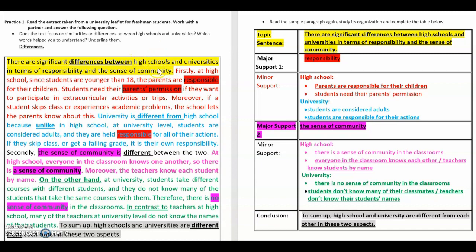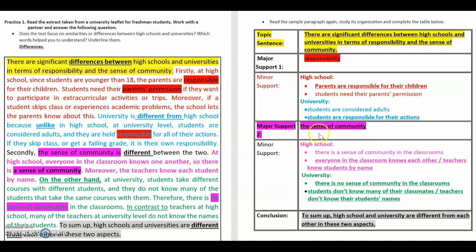First, it gives us the high school and university. So be careful: at high school, and then the blue part, university. So high school, university, the order doesn't change. Okay. The responsibility issue or getting permission of the parents, again related to the responsibility issue, this is presented under the major idea. So minor ideas also support the responsibility issue.